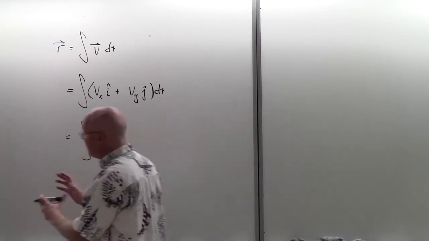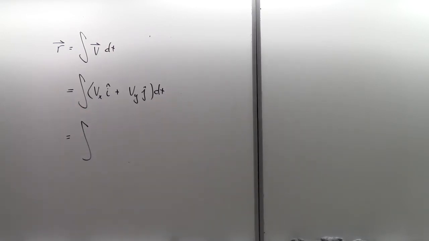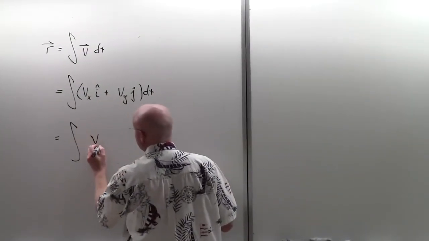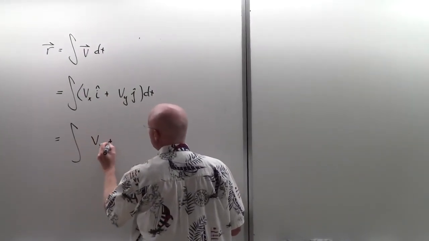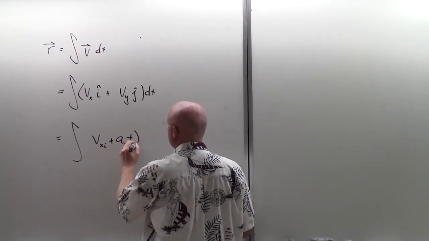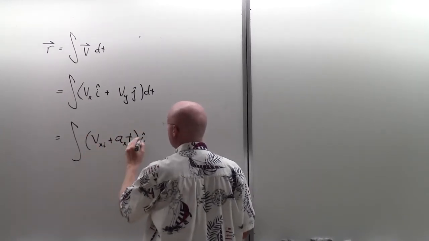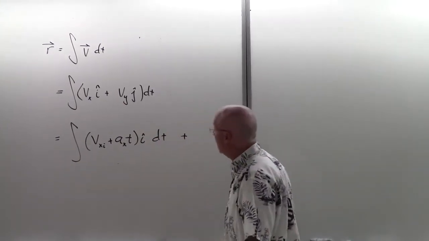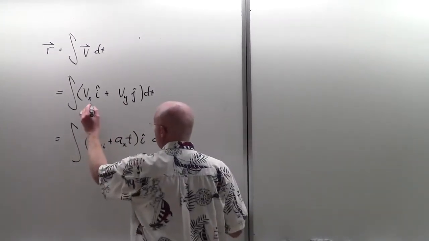And this velocity in the x direction is what we just got after we did that integral. And so put that into here. This would be Vx initial plus acceleration x t, I hat, dt for the first integral. All right, that's that first one right there.